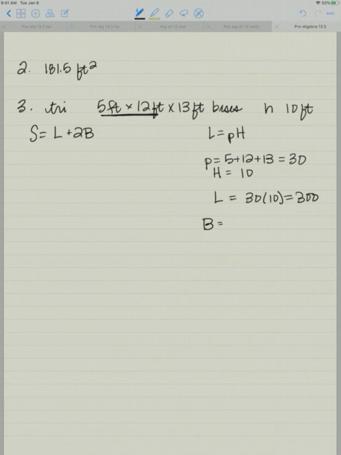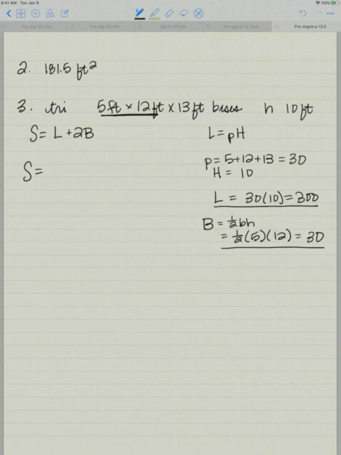So the area of that base is going to be the area formula for a triangle. So 1/2 times 5 times 12. 5 times 12 is 60. 1/2 of that is 30. So now I have everything I need. I have L is equal to 300. Big B is equal to 30. So big S, I'll do it later.